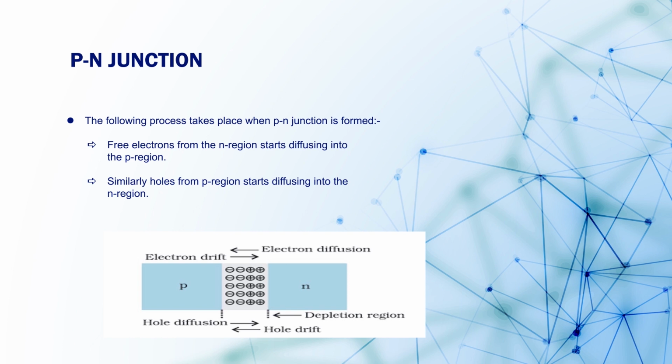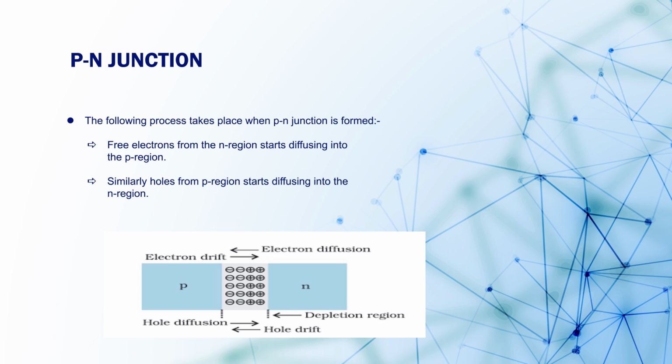In the picture below, we can see electrons moving from the N region and accumulating at the boundary of the P region. Similarly, the free holes diffuse from the P region towards the N region and get accumulated there.